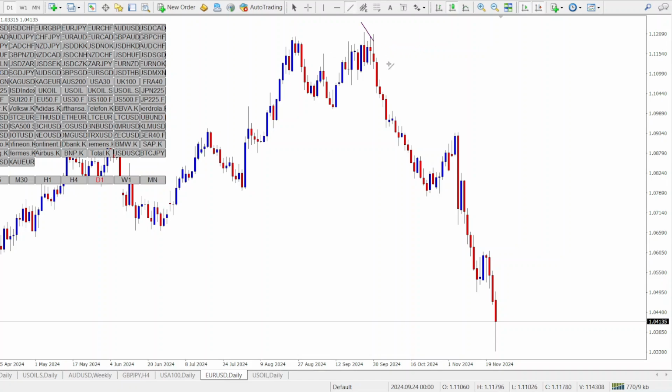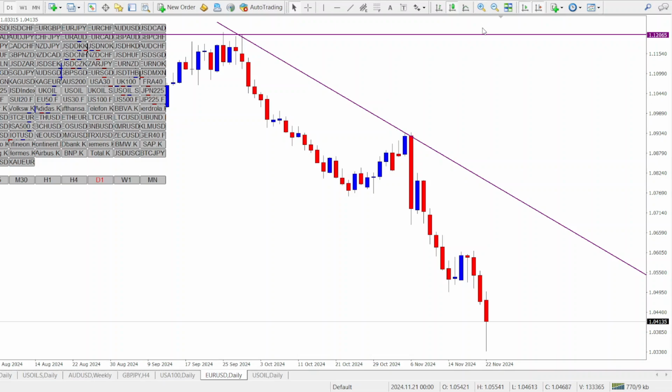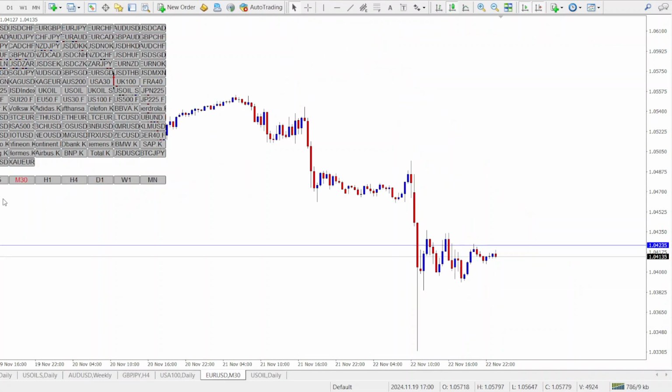Maybe you are making use of pure price action, trend lines, support and resistance levels, and let's just say you analyze on the daily time frame and found out that this is a sell trend, so you start looking for sell opportunities. As you have identified this is a sell trend, you now go to a smaller time frame to get a precise entry.